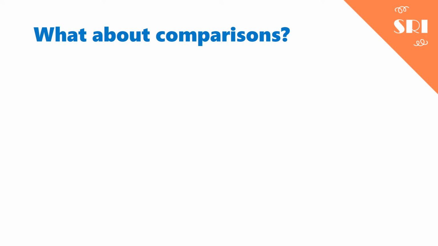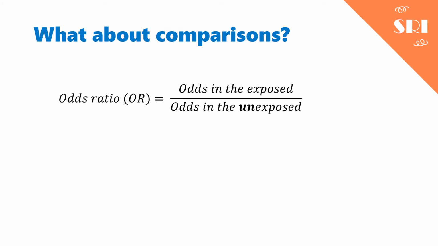You remember when we calculated the risk, we used to compare the risks in two groups in a measure called relative risk. The odds has a very similar concept, but it's called the odds ratio. It's basically the same. You remember when we used to divide the risk in the exposed by the risk in unexposed to calculate relative risk.